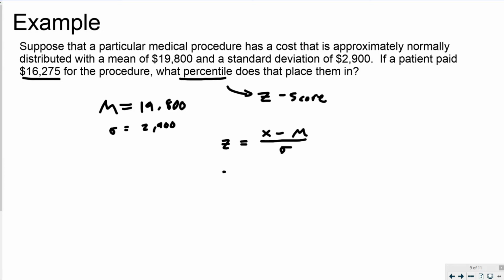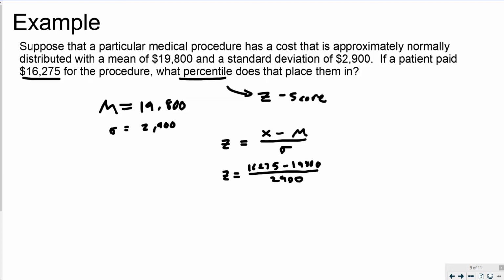So I'm going to push in all the data. I've got the 16,275, take away the average, and that's going to be divided by the standard deviation, 2,900.